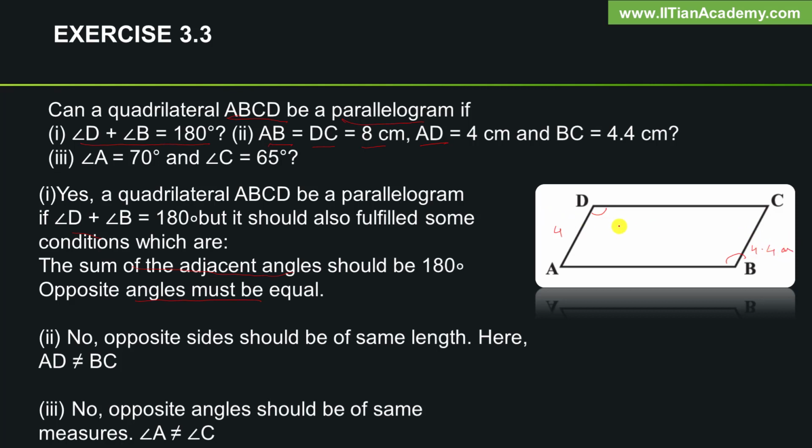With this condition, it is not possible that ABCD is a parallelogram, as here AD and BC are not equal. Third, A equals 70 degrees and C equals 65 degrees. With this condition, it is not possible that ABCD is a parallelogram, since in a parallelogram, opposite angles must be equal.